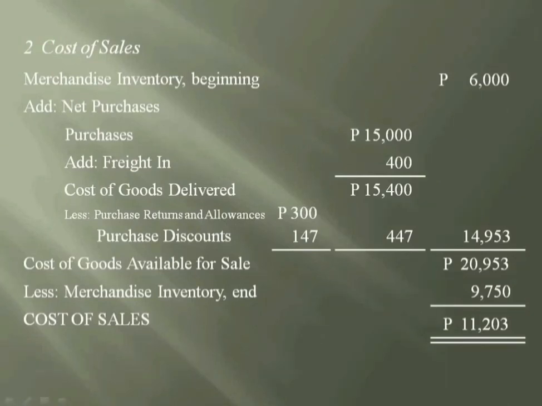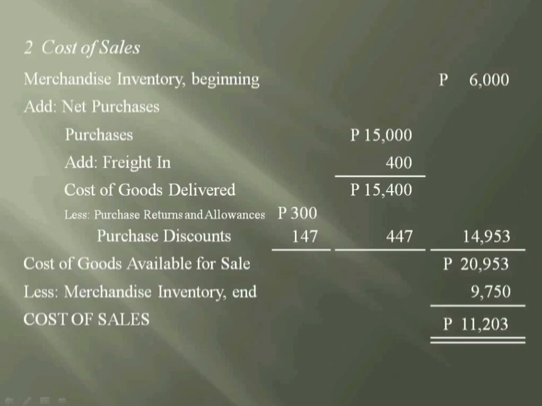Let's recap how we arrived at this amount of net purchases. Purchases of 15,000 pesos, add freight in of 400 pesos equals cost of goods delivered amounting to 15,400. Less purchase returns and allowances and purchase discounts of 447 equals 14,953 net purchases.